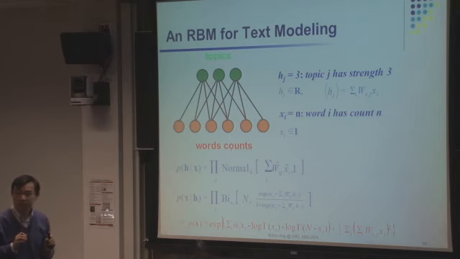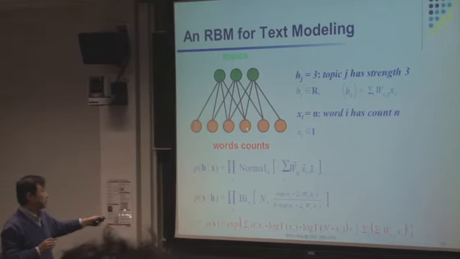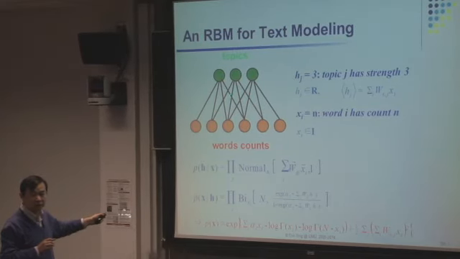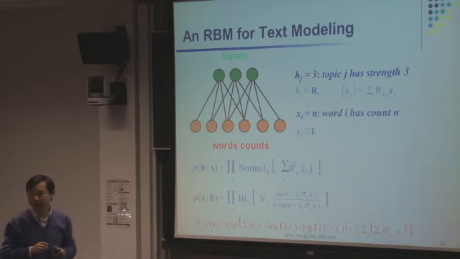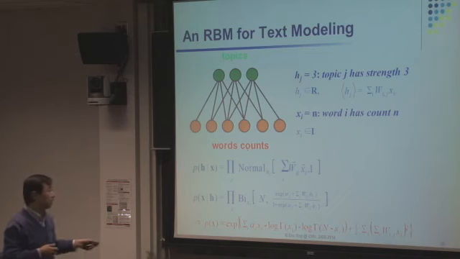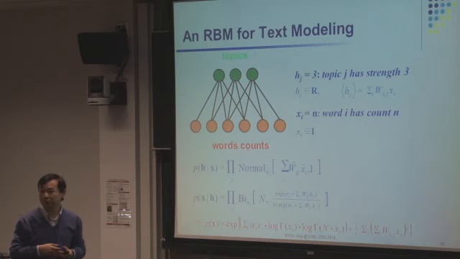Okay, so I think people get lost a little bit in here. Let me repeat the message. The message is that if you are given the data and the definition of the variables you care about, and you want to define an RBM on that, you begin by writing down, in your kind of preference, the conditional distribution of the data given the latent states and the latent states given the data in these two convenient forms that you prefer.